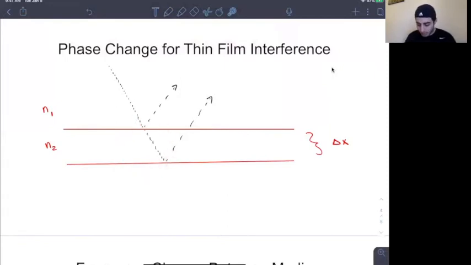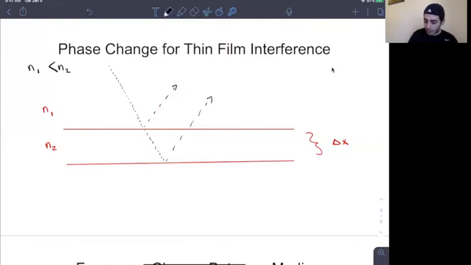So this is what is important for the phase change. If we're going from medium 1 to medium 2, and we say that medium 2 is bigger than medium 1, so if the index of refraction for medium 1 is smaller than medium 2, this is going to be reflected with a phase change of pi.